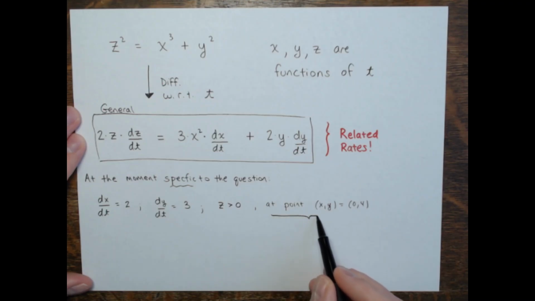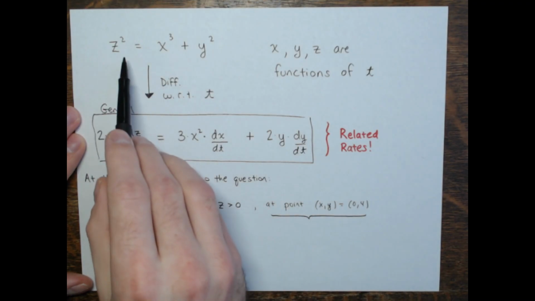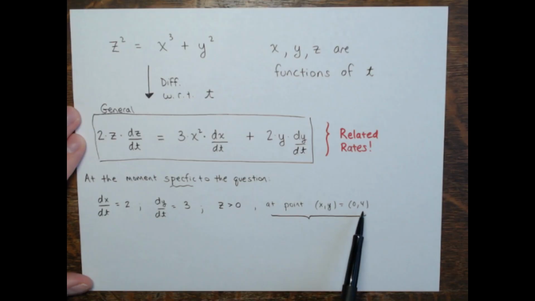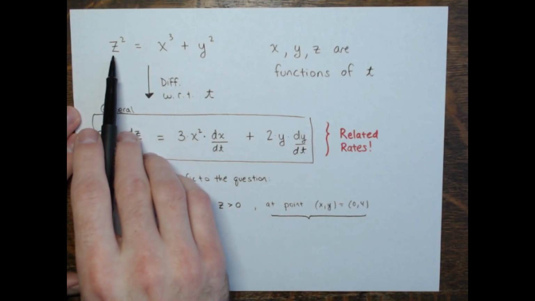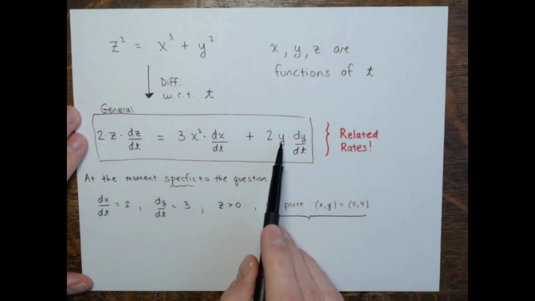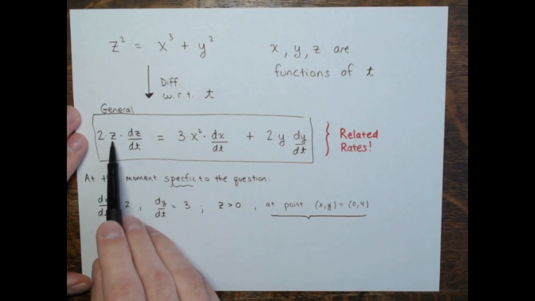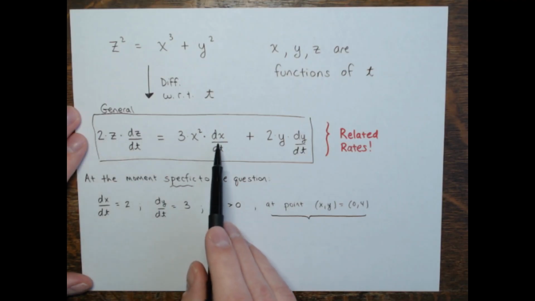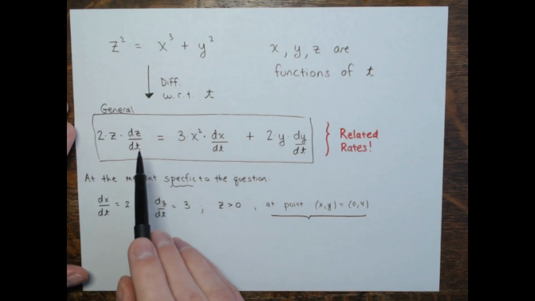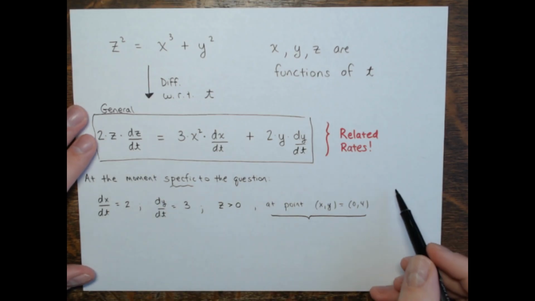Okay, so at this point, look at our equation. We can use this information to find the value of z as well. And then we'll have x and y and z. We'll have x prime and y prime. We'll have all the missing pieces to then help us find dz dt, right? Because that's what they asked us to find.